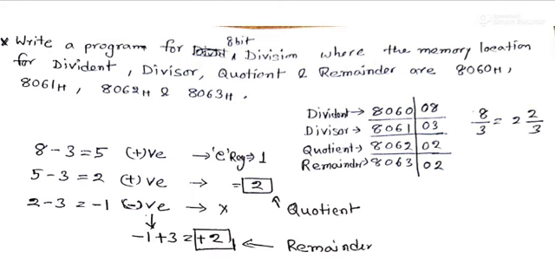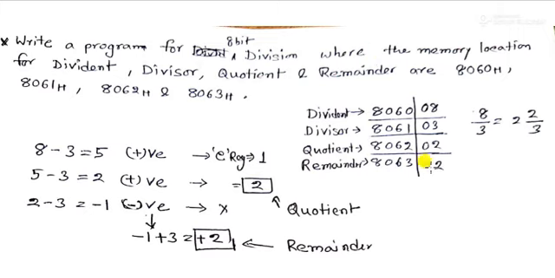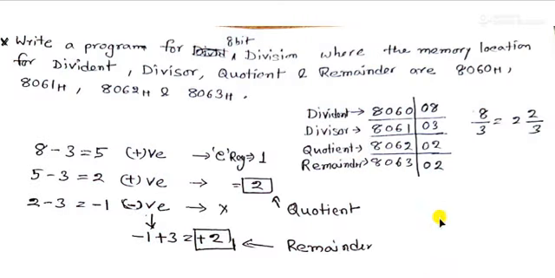In subtraction, we perform it like this: 3 minus 2. There is no negative value produced, that means the result will be positive.